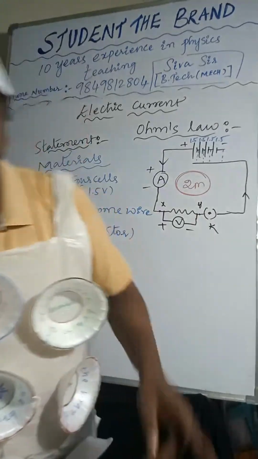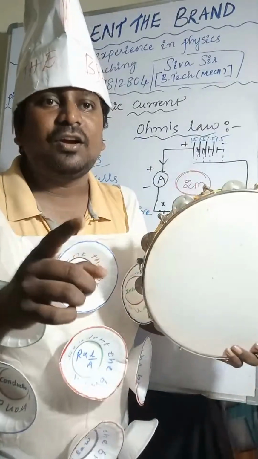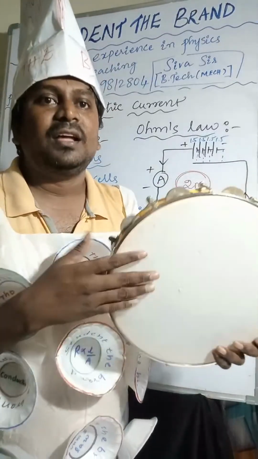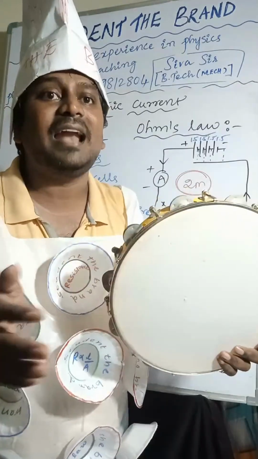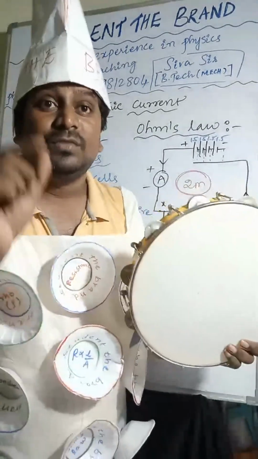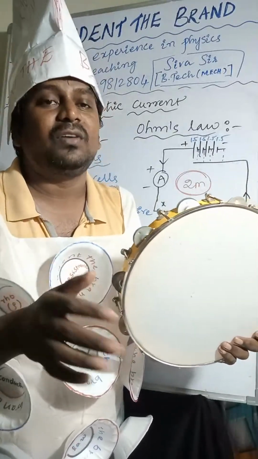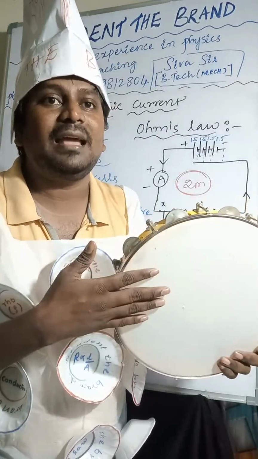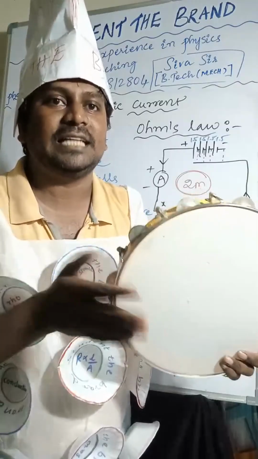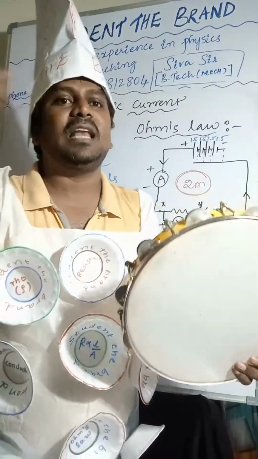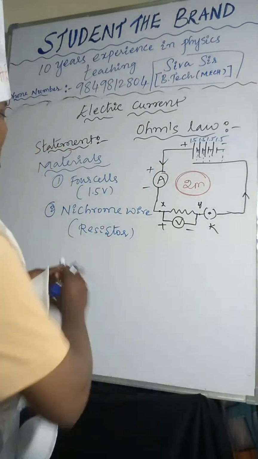Once again, very important: nichrome wire is an alloy of nickel, chromium, manganese and iron metals. This is Ohm's law. This is Siva sir from Student the Brand. So now you can see here, this is about nichrome wire.